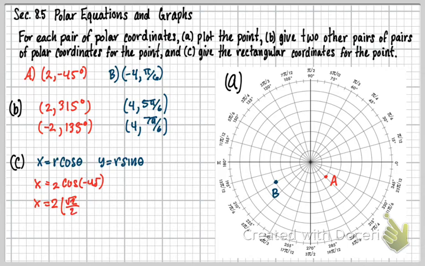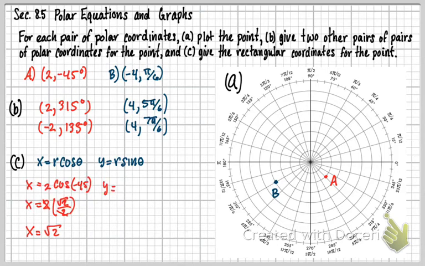And we know it's positive because we're in the fourth quadrant. Negative 45 is going to be down here. All right, so this simplifies my x to be square root of 2, because those 2's cancel when I multiply. Now let's do the y for these.